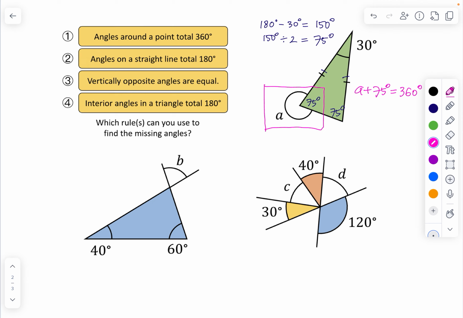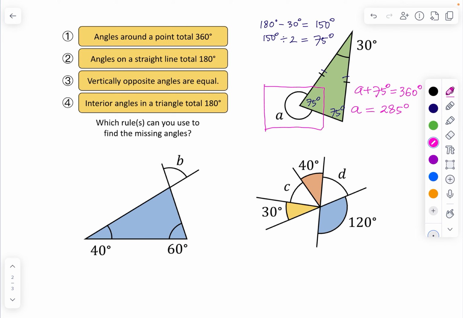In this case, easily we can see that angle A should be 285 degrees. So 285 plus 75 is 360. So that should be correct.